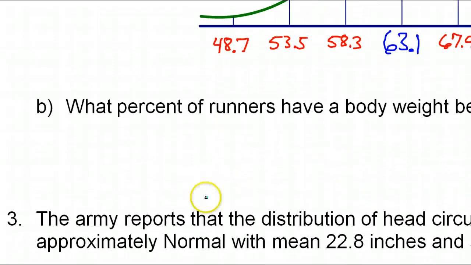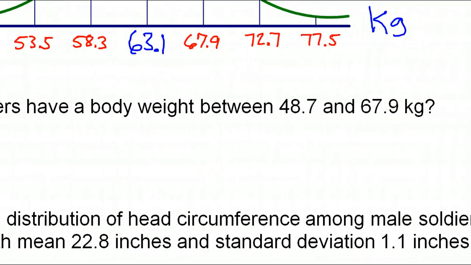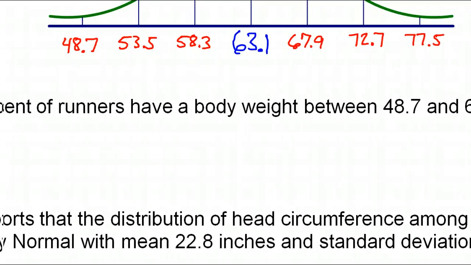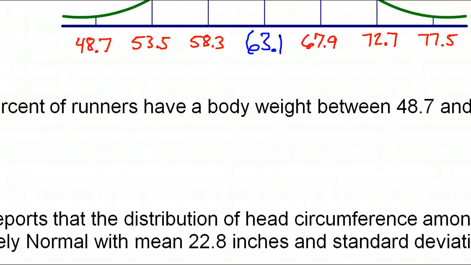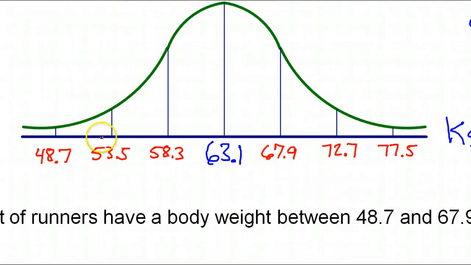Now part B. What percent of runners have a body weight between 48.7 and 67.9? Okay, now before I do that, I need those percentages.